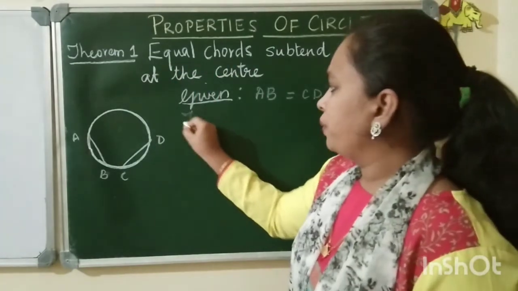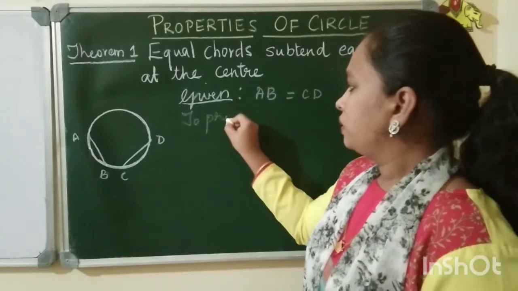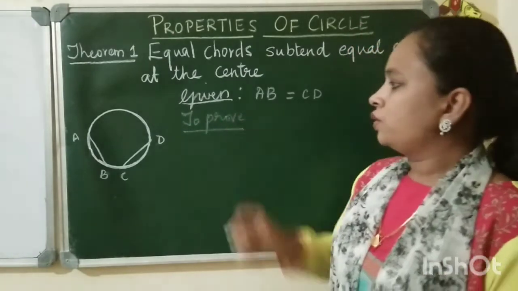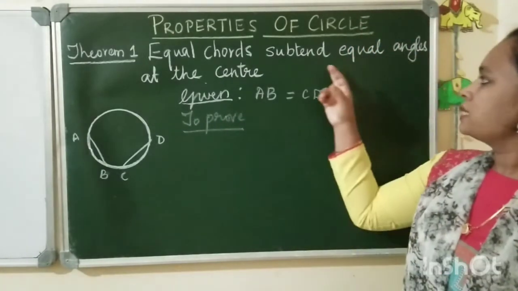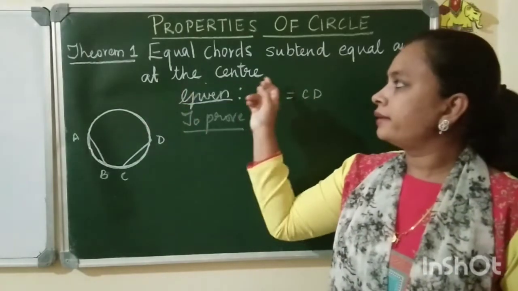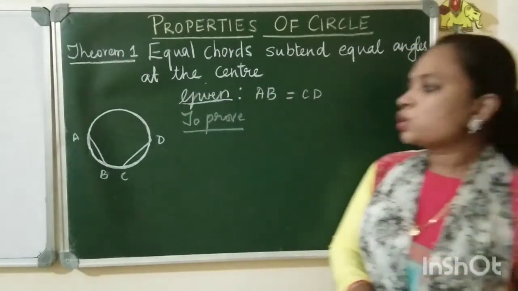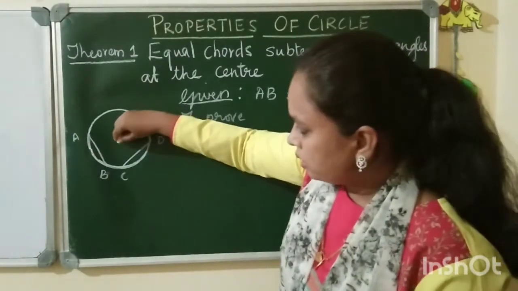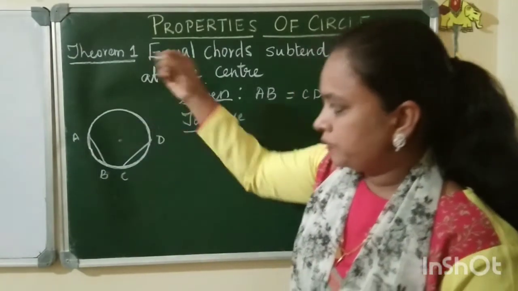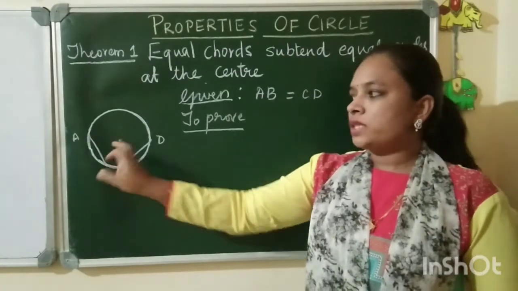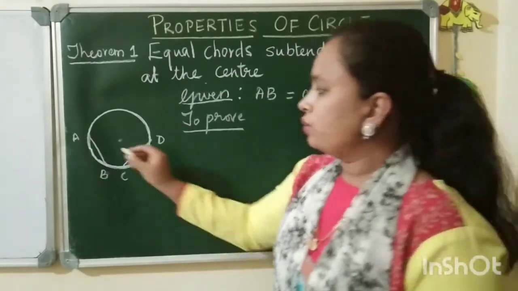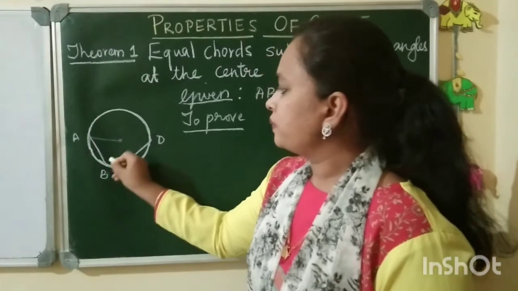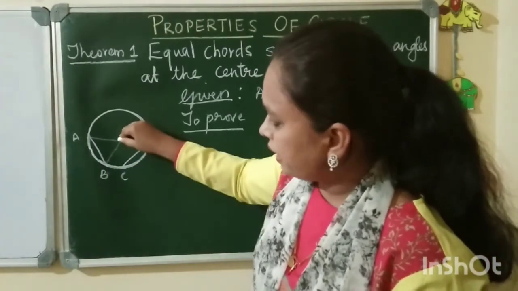It is mentioned in the question, equal chords. Next, to prove, you need to prove that the angles subtended at the center are equal. So now, whenever you have a circle, you will have the center of the circle. Okay? The center of the circle is formed. So now, you need to prove that these angles are equal.